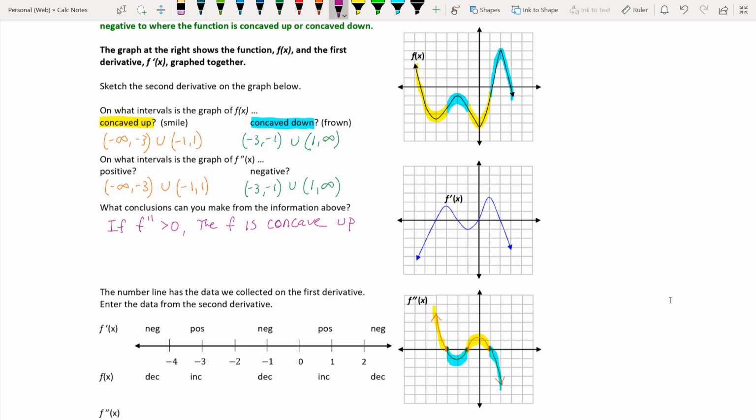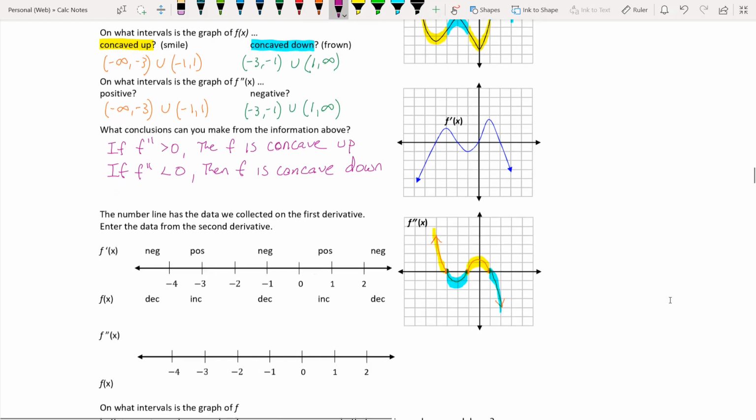So if my second derivative, the highlighted yellow parts, is greater than 0, then my graph of f of x is concave up. If f double prime is less than 0, then f is concave down. Okay, so the second derivative will tell us something about the graph of f.